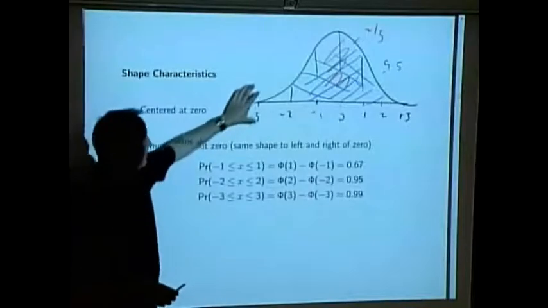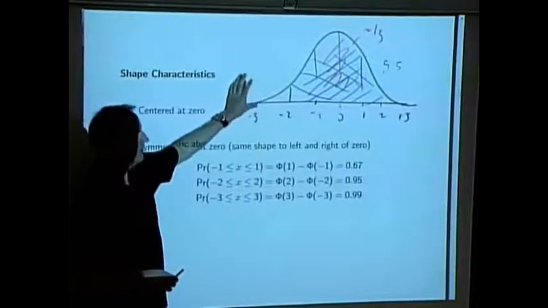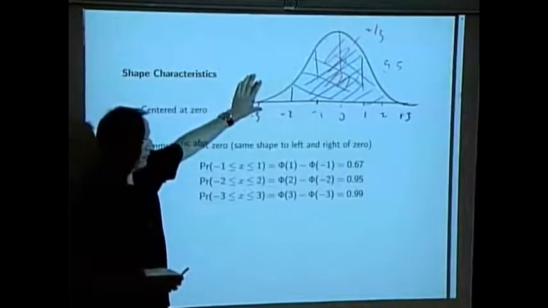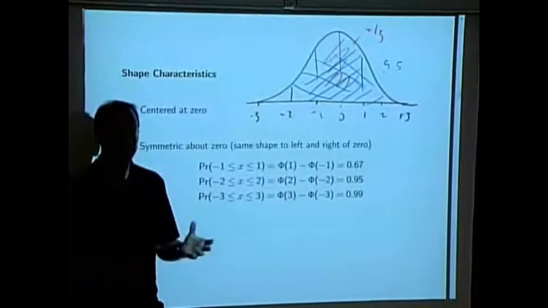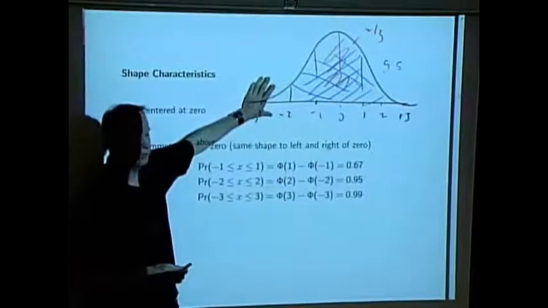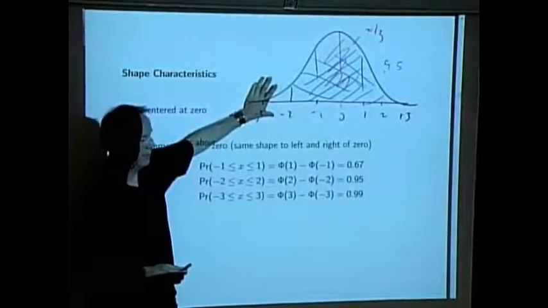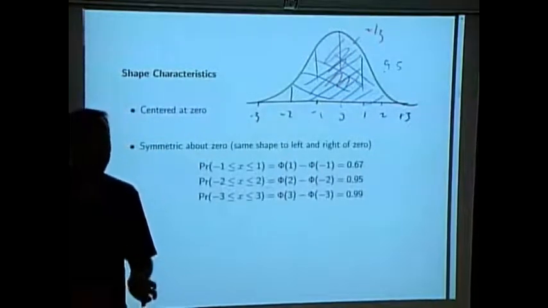Now, we'll find that the normal distribution may be good in some cases, but not good in others. So that's an important fact that we're going to emphasize throughout the course. One is that the normal distribution is useful. It provides an approximation to the behavior of returns, but it's not perfect.